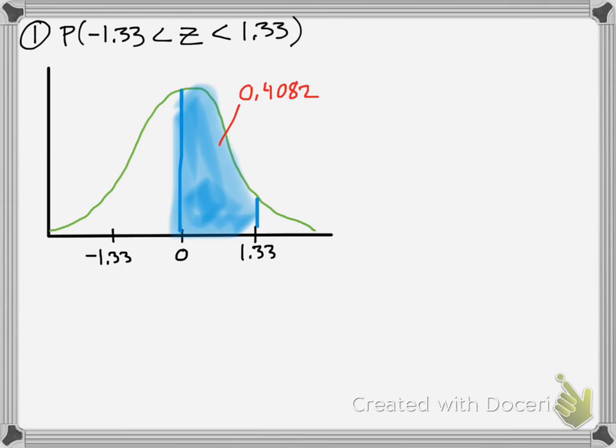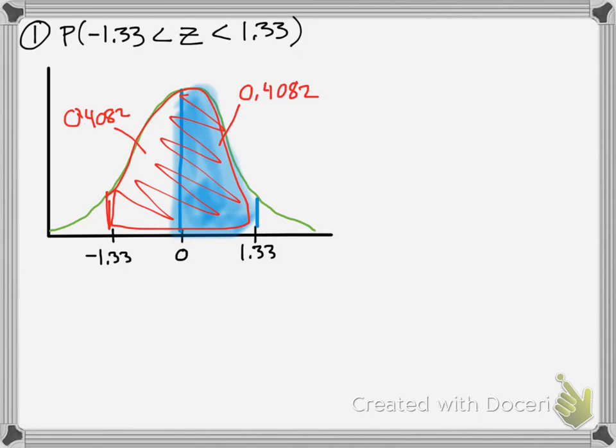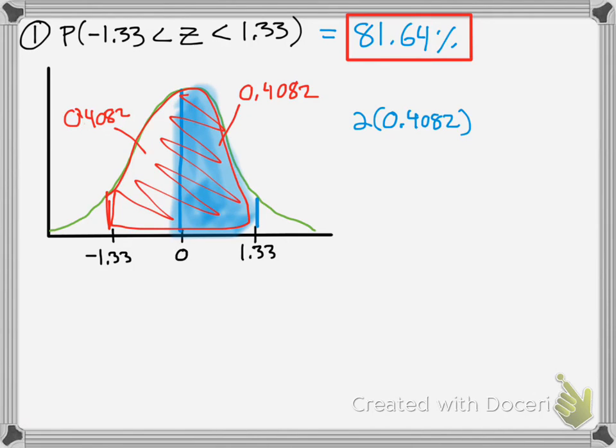But we also want the other side too, so you simply double it, because this area over here is symmetric, so you get the same value here, and your total area would be the area under this curve right here, and that's what we're looking for. So you simply double it, and that's your percent. Boom, done. Multiply by 100 and you get the exact percent.